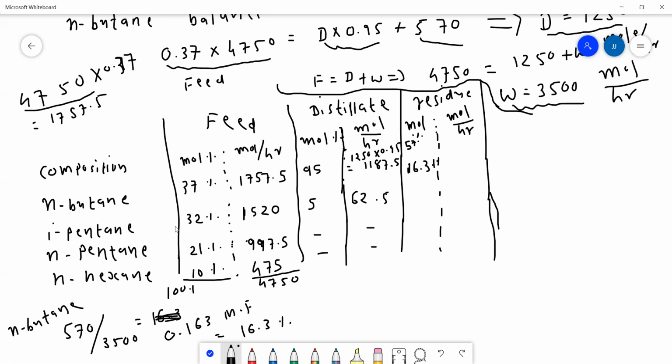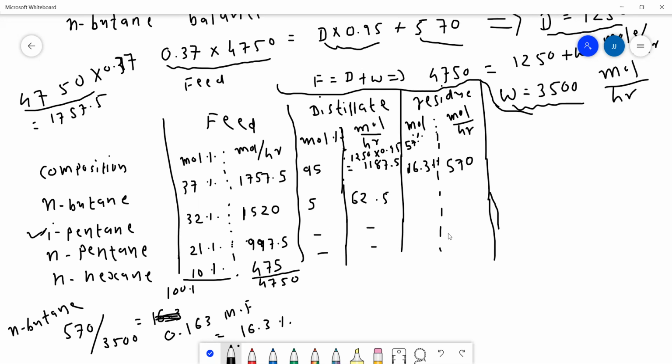Now for N-pentane. Let's skip the I-pentane for a moment. There is no N-pentane present in distillate. That means all the N-pentane will be found in residue.